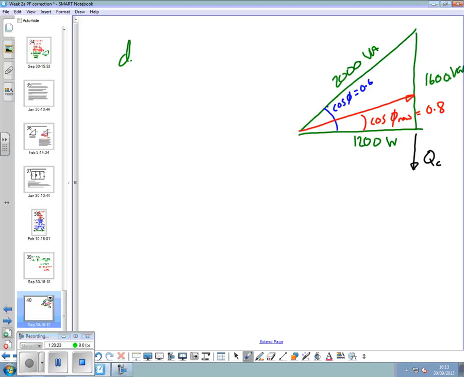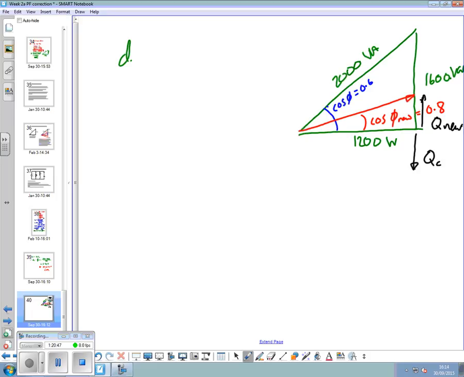If we can find out what Q new is in there, we can then take that away from Q old, and we'll know the length of that line, because the length of that line there is that bit in there.